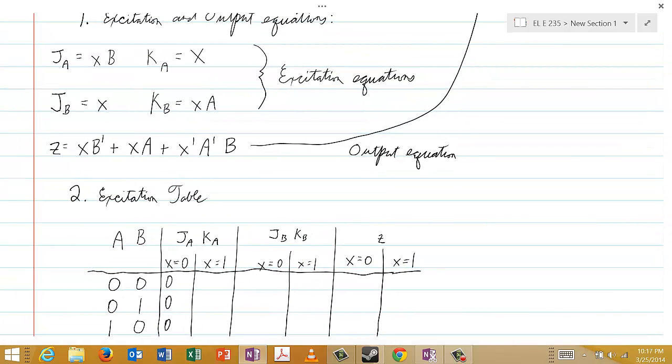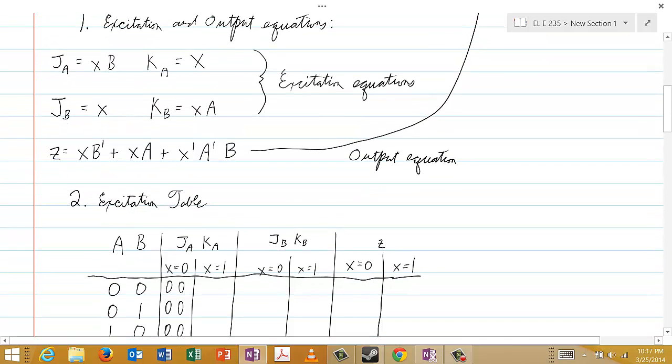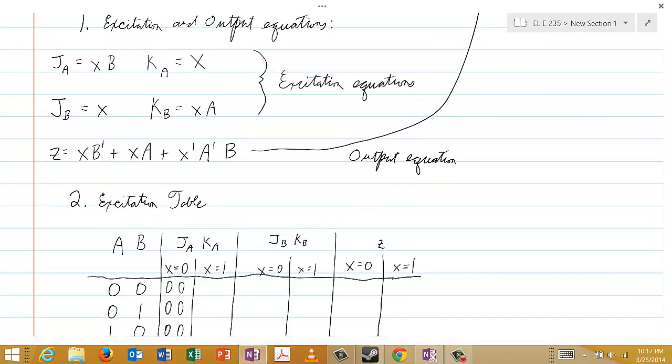What about KA? Well, KA is equal to X, and in this column, X is equal to 0, so we also have 0, 0, 0, 0 there. So the X equals 0 column is very easy to analyze.